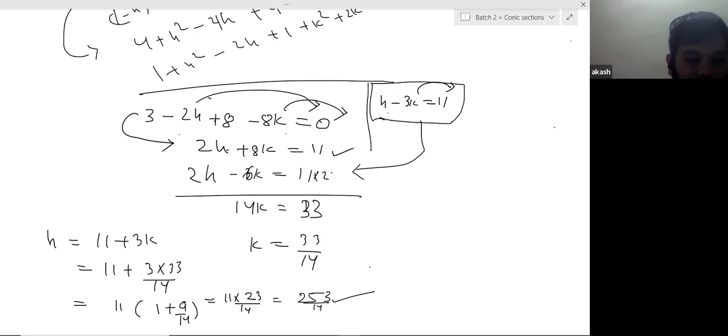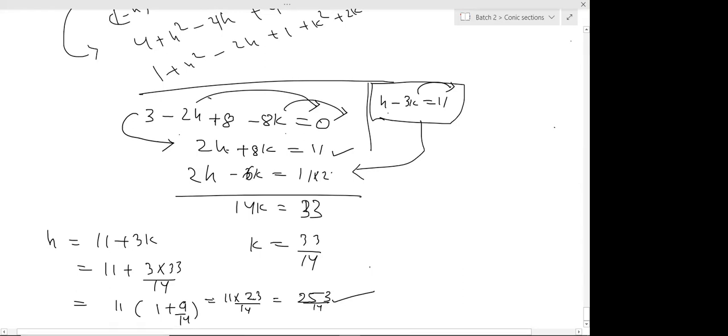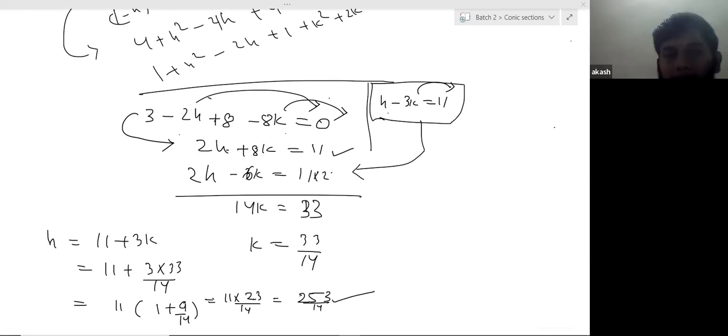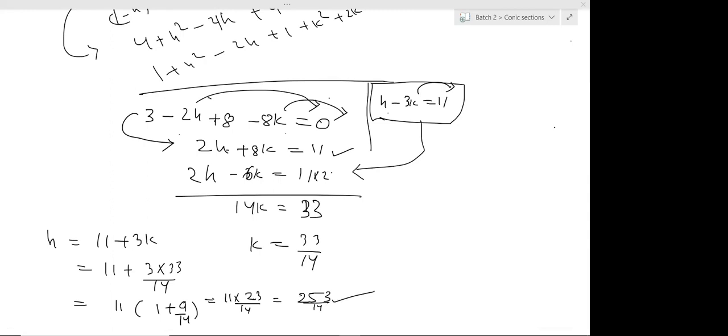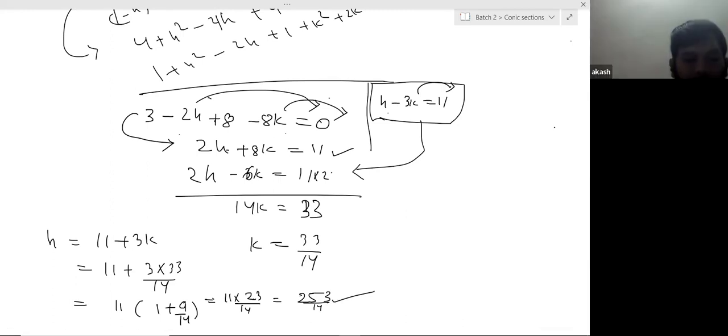Is this right, Mazia? It will be 11 minus 22, right? How 33? Okay, note it down. Tell me if there is any problem or not.